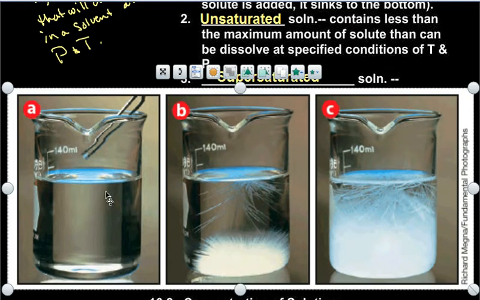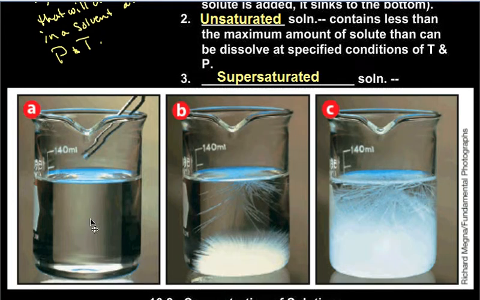This is a supersaturated solution of sodium acetate, and that is a seed crystal right there. When the seed crystal is placed into the solution, it instantly creates more sodium acetate crystals, and it grows off of the seed crystal until all of the excess sodium acetate in solution precipitates out.